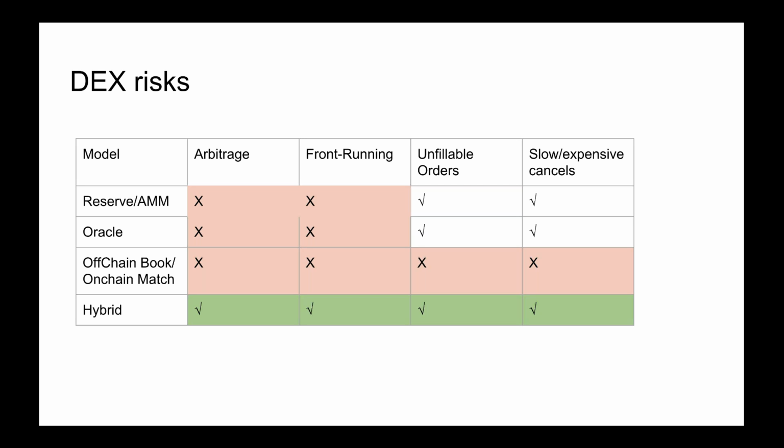So that only leaves at this point the hybrid model, where all of these operations are off-chain and only the custody is on-chain. This is the only model I feel can actually scale to the needs, that can actually be attractive to market makers.